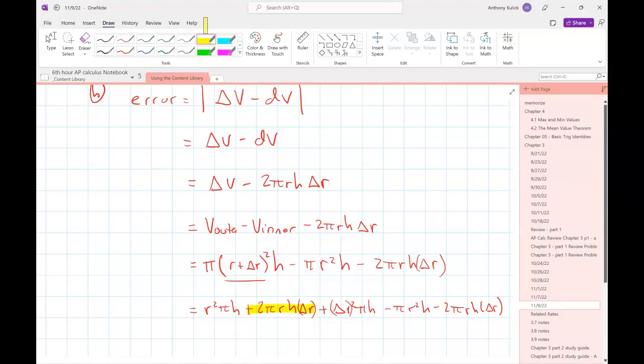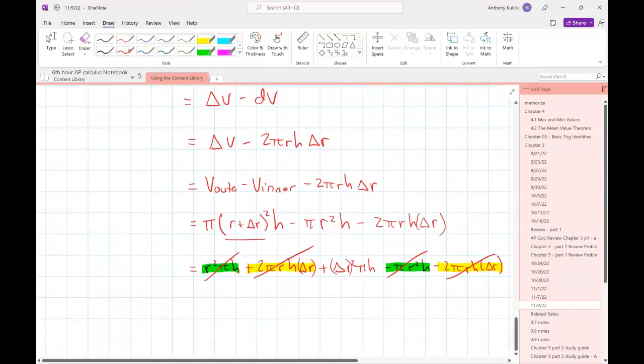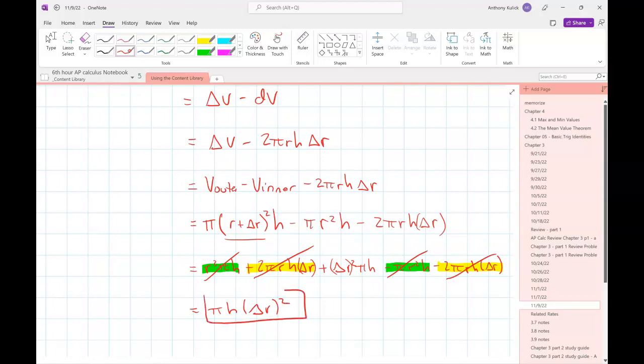So I notice here that I have a plus one of these and a minus one of those, so those can cancel out. And then I have a plus one of these and a minus one of these, so those can cancel out. So what are we left with here? Is this.